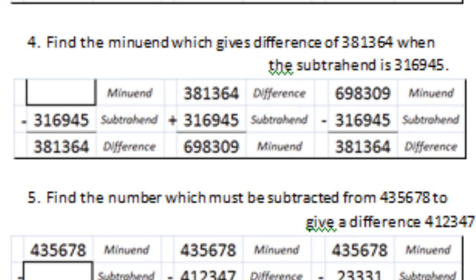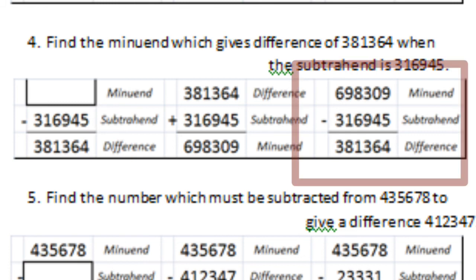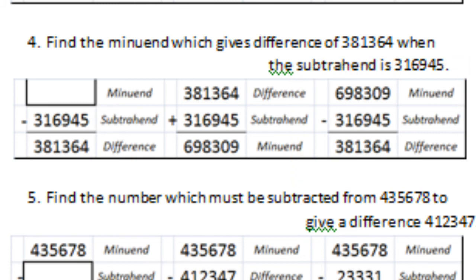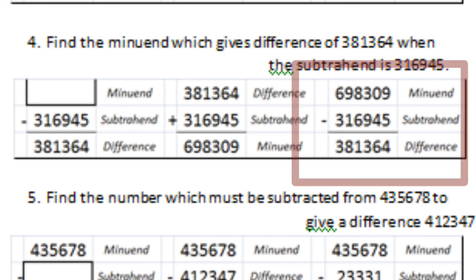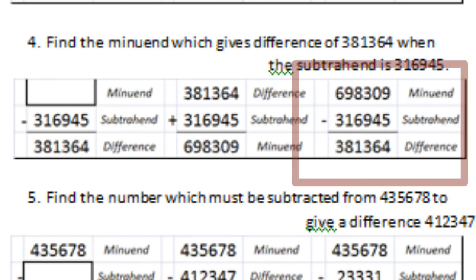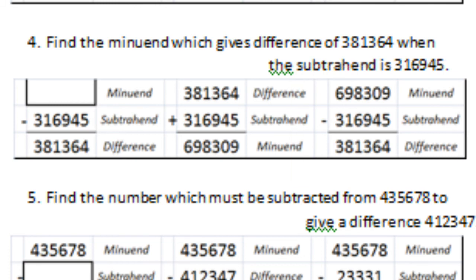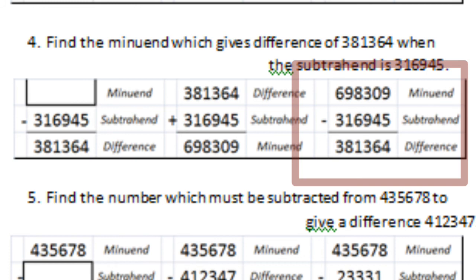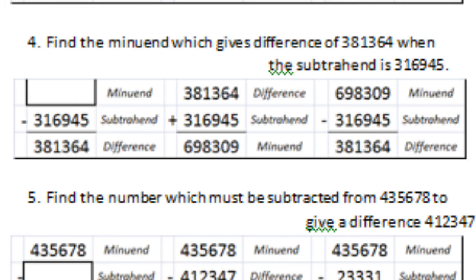So the answer is 6,98,309. When the minuend is 6,98,309, it gives the difference 3,81,364 when 3,16,945 is subtracted.